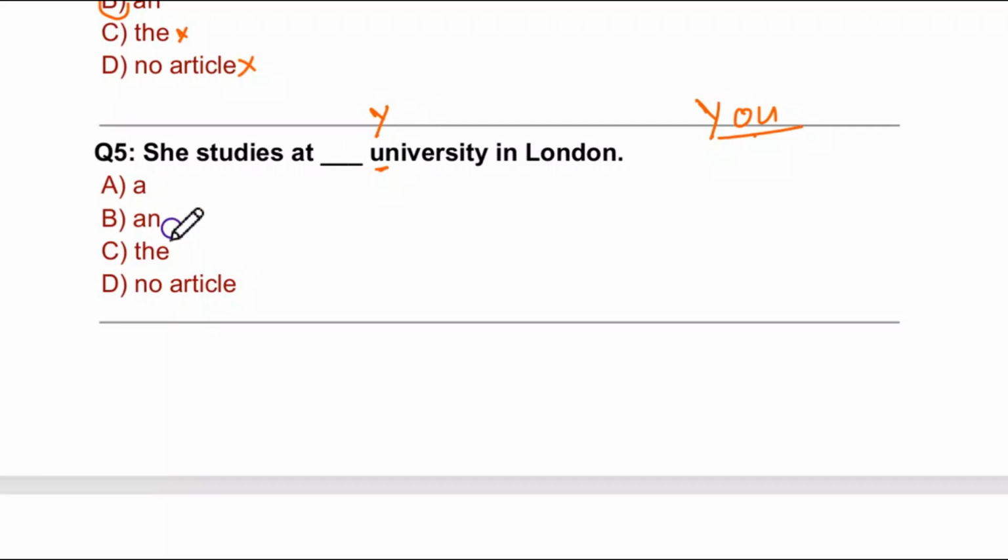So an is not the correct answer, the is not, no article is not. The correct answer is A. She studies at a university in London.